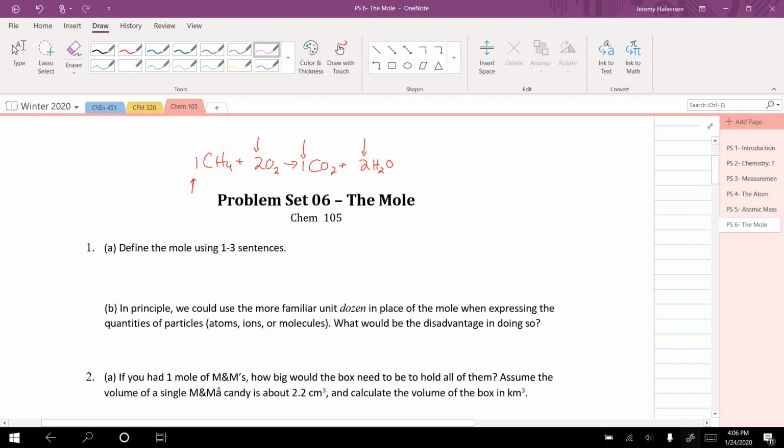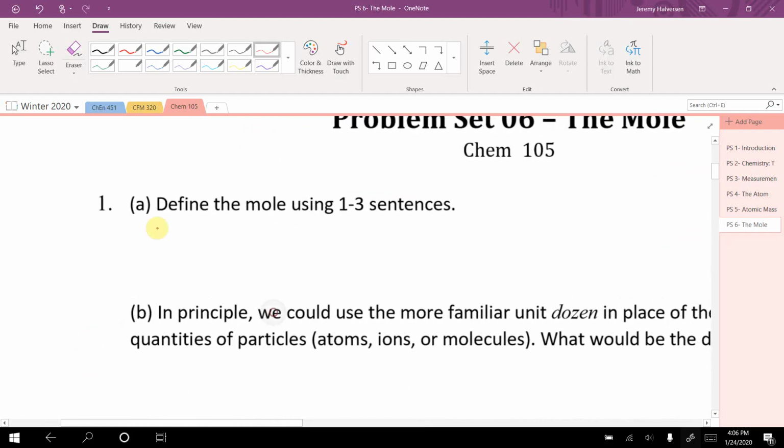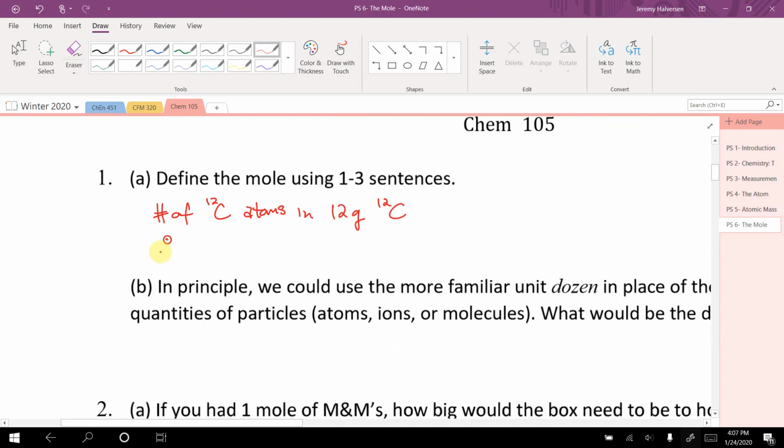So a mole, the technical definition, is the number of carbon-12 atoms in 12 grams of carbon-12. That number is 6.022 times 10 to the 23rd.